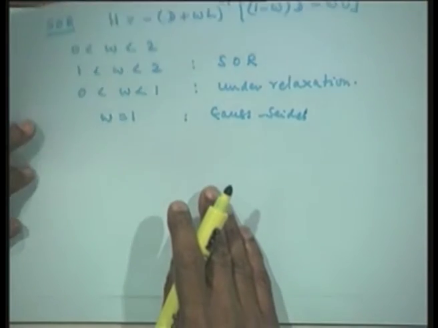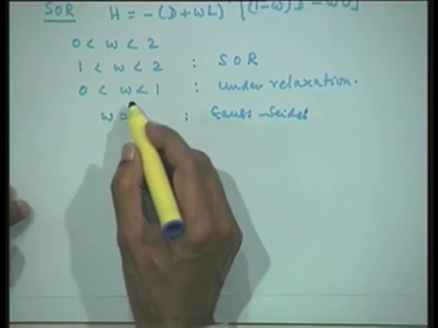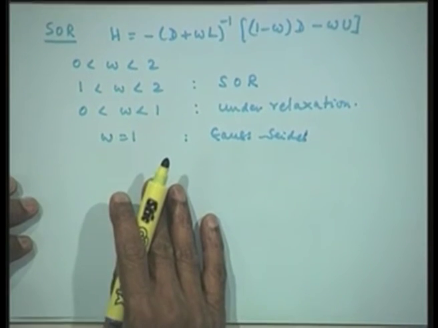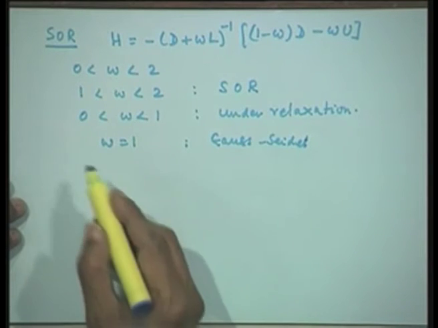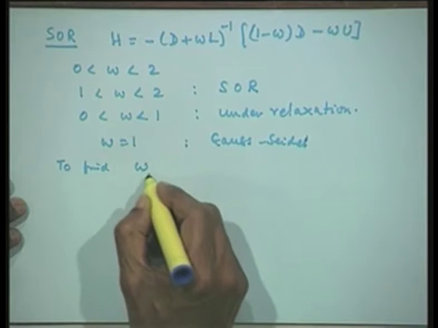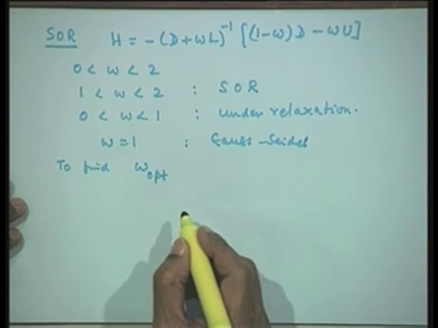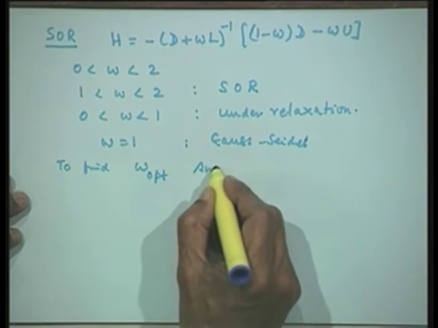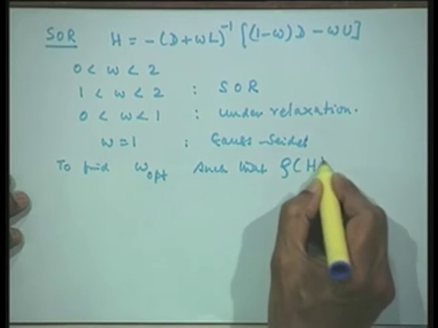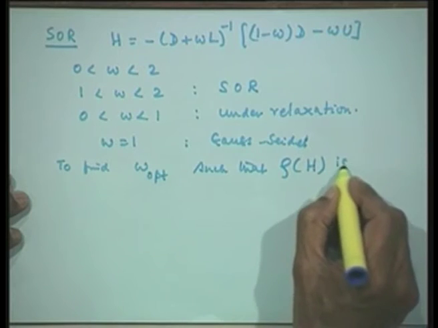Now, we also mentioned that it is necessary for us to find an optimal value of omega such that the rate of convergence is the best. That means we need to find the optimal value of omega such that the spectral radius of H is smallest.